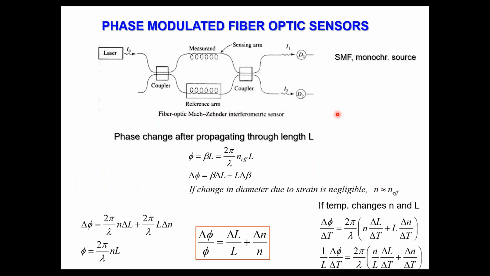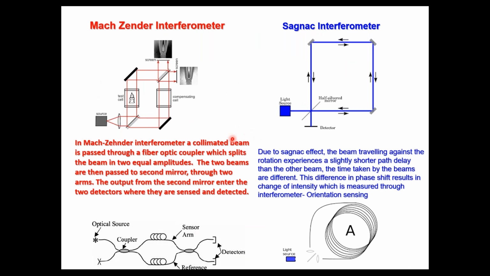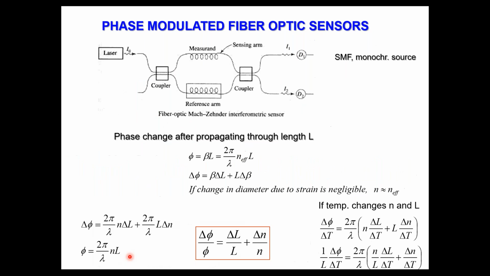So usually a phase modulated optical fiber sensor is something like a Mach-Zehnder interferometer only. This is this kind of setup. Wherein you have a reference arm and a sensing arm, which is completely isolated from the external perturbation, and you can calculate the phase difference by beta times L. Beta is 2 pi by lambda times n effective.